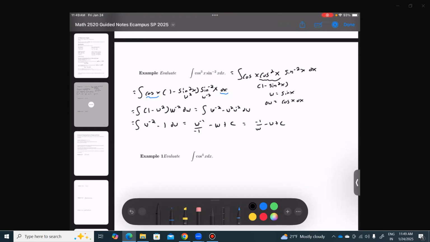And then if we insert sine back into this, negative 1 over sine x minus sine x plus c. And then finally 1 over sine x is cosecant. So we can say negative cosecant x minus sine x plus c. Okay, it takes some algebra to work your way through, but it is doable.